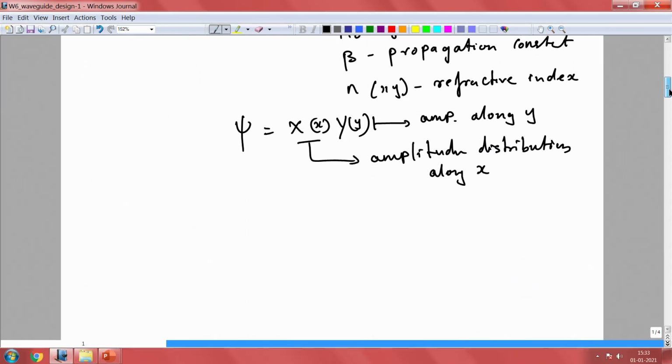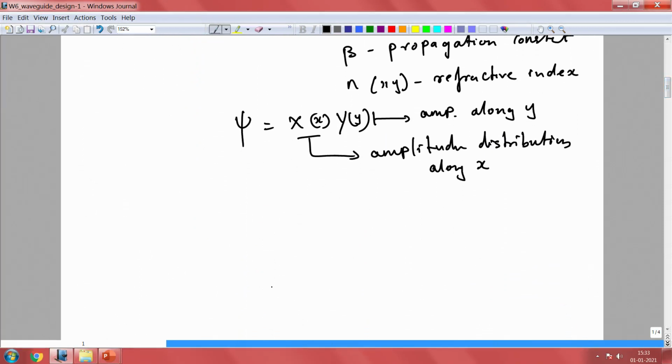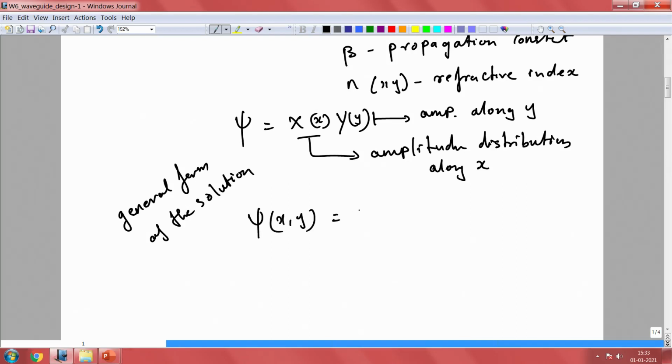Okay. So, now your field, right. Your general form of the solution chi x comma y will be chi naught e to the power minus j (k x i x plus k y i y) into e to the power minus j beta z.